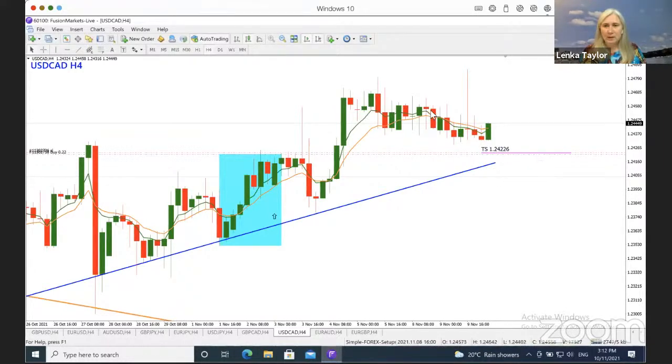So at the moment, we've had a little bit of a pullback. We have what looks like an engulfing bar there. So if this bar closes above, that would be a good sign to enter in.